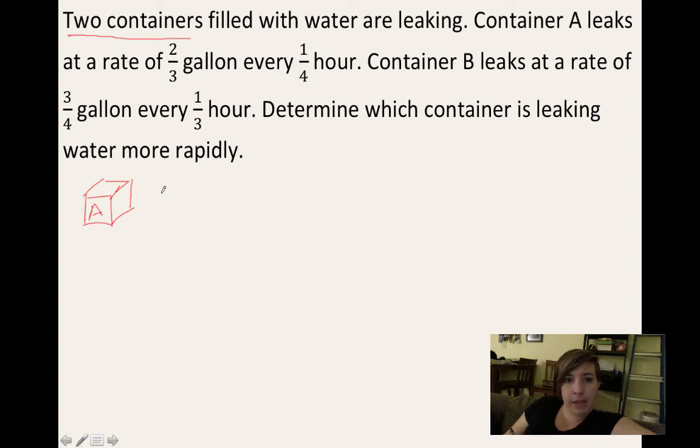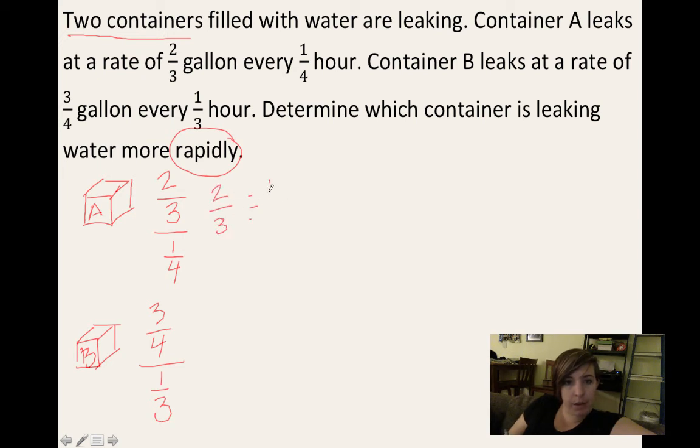Container A leaks at a rate of 2/3 of a gallon every 1/4 of an hour. And container B is leaking at a rate of 3/4 of a gallon every 1/3 of an hour. We want to know which one is leaking more rapidly. That means faster.